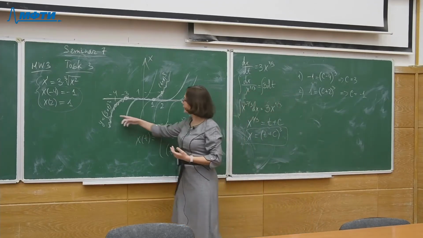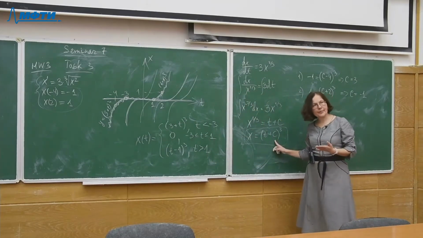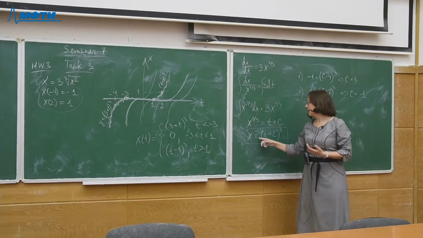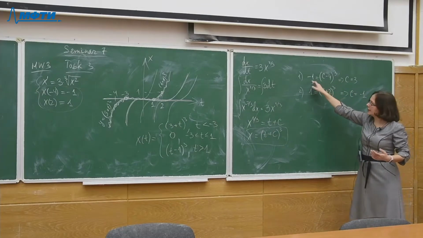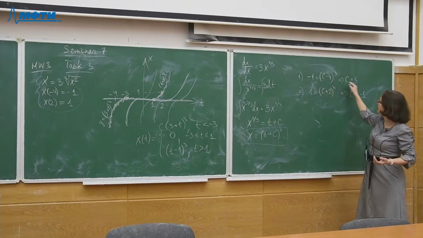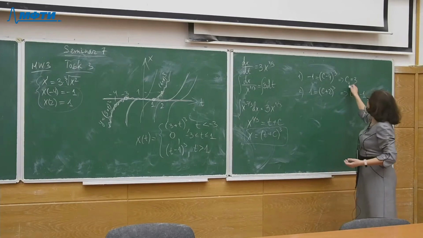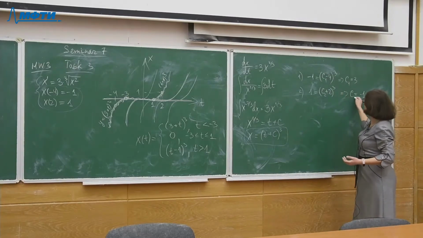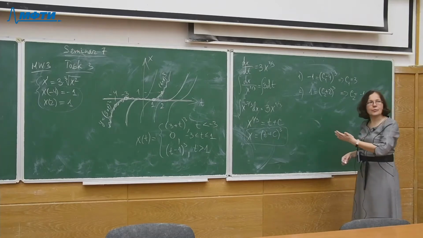So we needn't visualize. We have the formula, and we can substitute. In this way, substitute negative 1 for x and negative 4 for t, find c1, find c2, and then write the answer in this form.